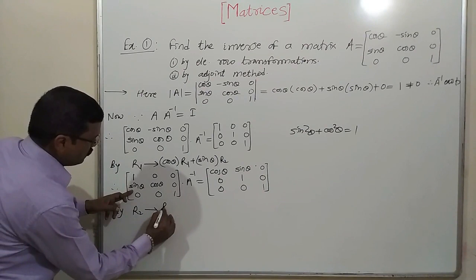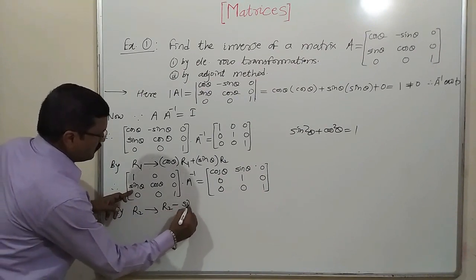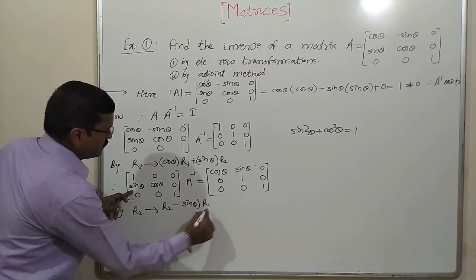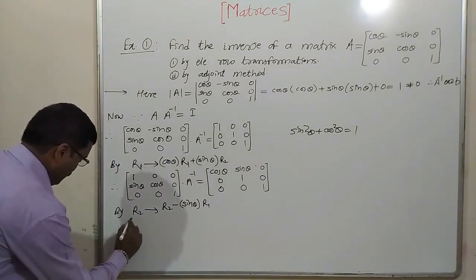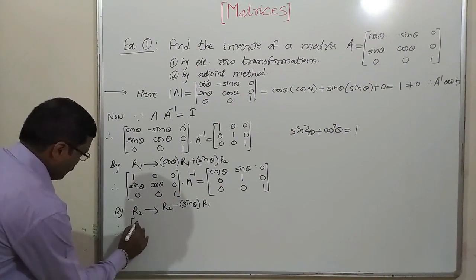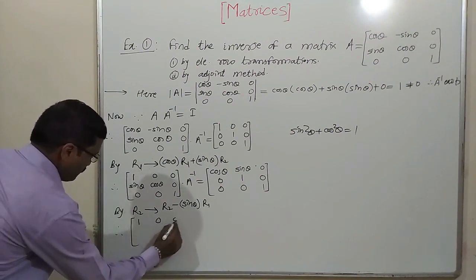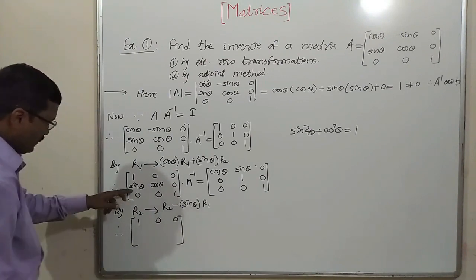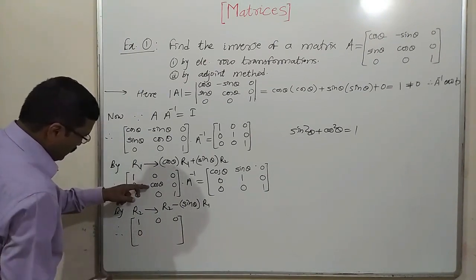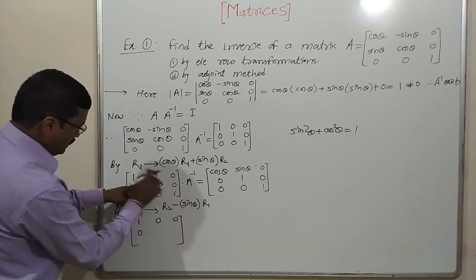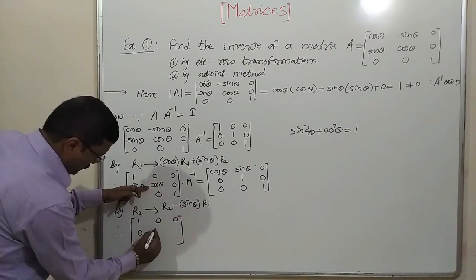So r2 minus sin theta into first row, that is r1, so that we get 0. Therefore, we get first row as it is. In second row, sin theta minus sin theta, that is 0. Cos theta minus sin theta into 0 is 0. So this cos theta remains as it is.